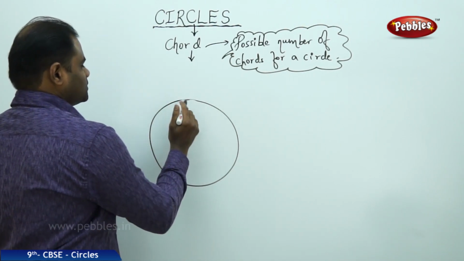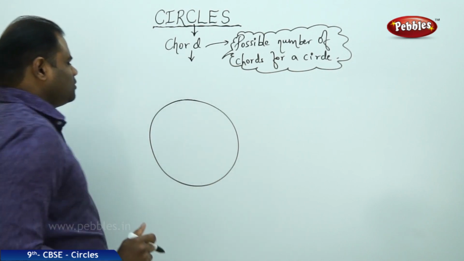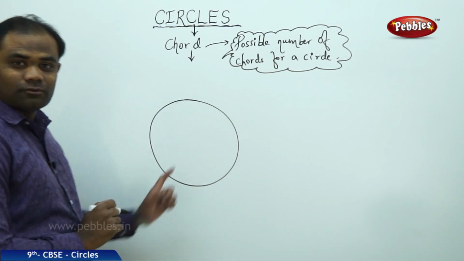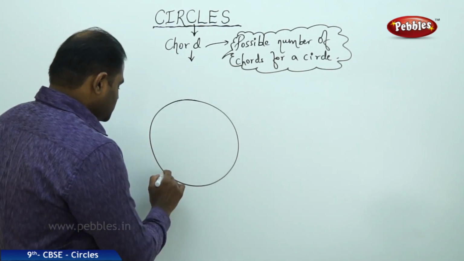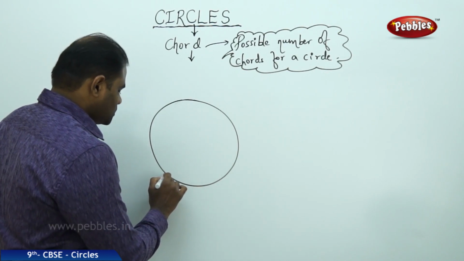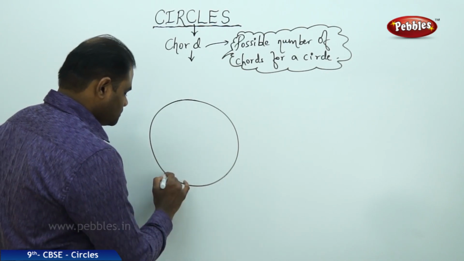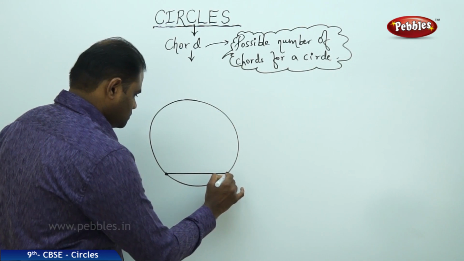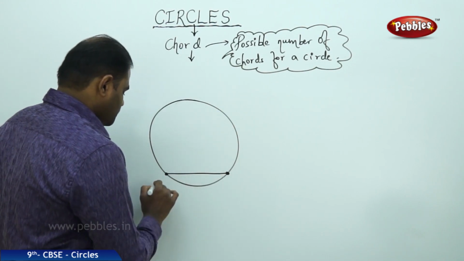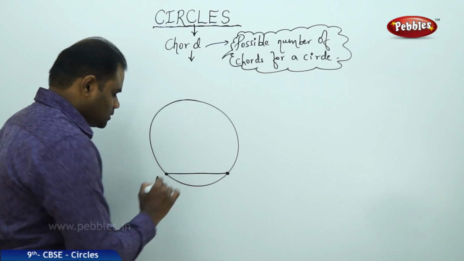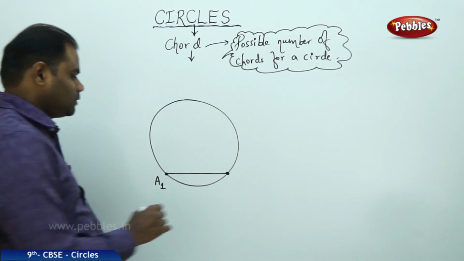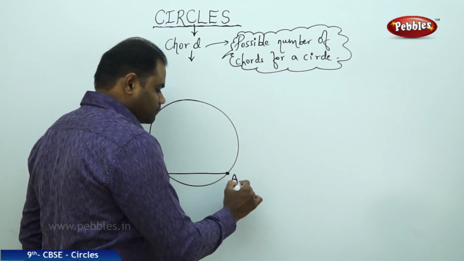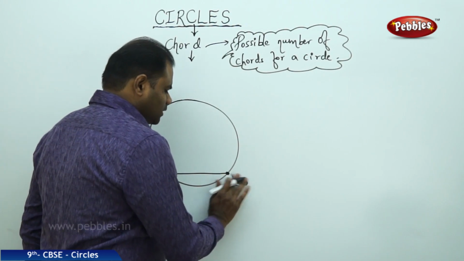Now for this circle, let me take 2 points out here. So I denote this point with A1 and I denote this point with B1.